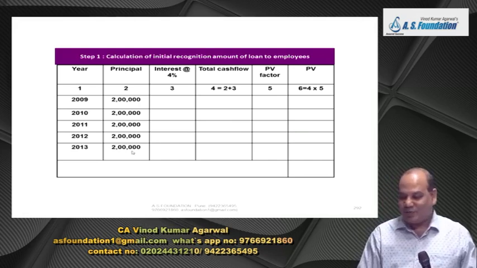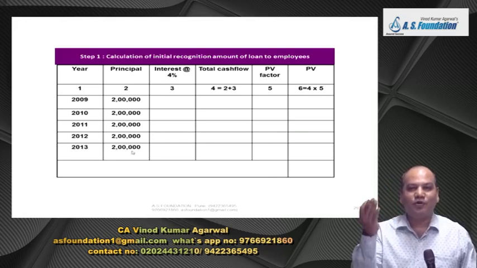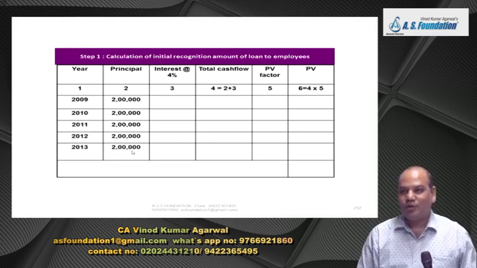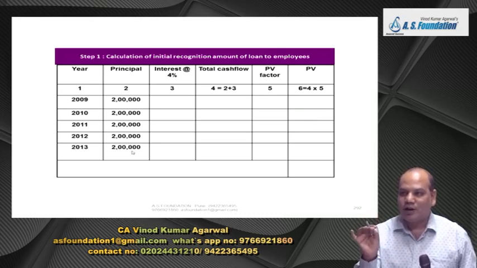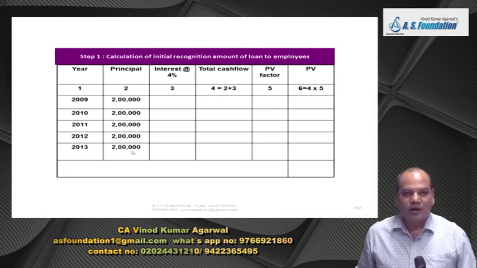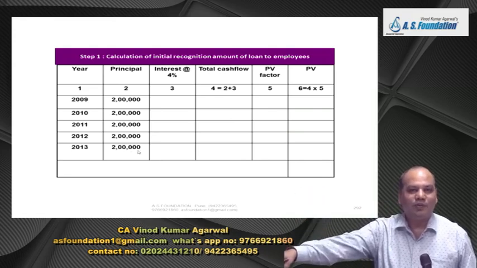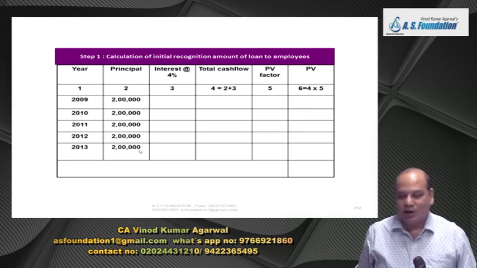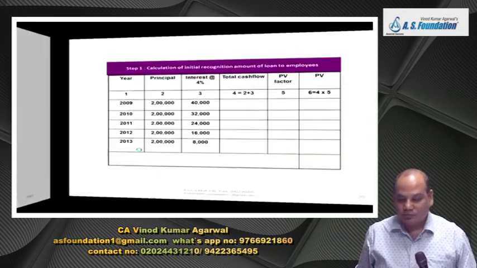And then interest will be, first year interest will be 4% of 2 lakh or 8 lakh or 10 lakh? 10 lakh. At the end of the year, 2 lakh will be redeemed. So for the entire year, 10 lakh was outstanding.